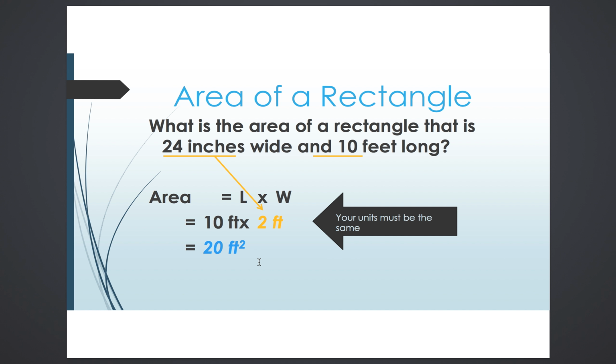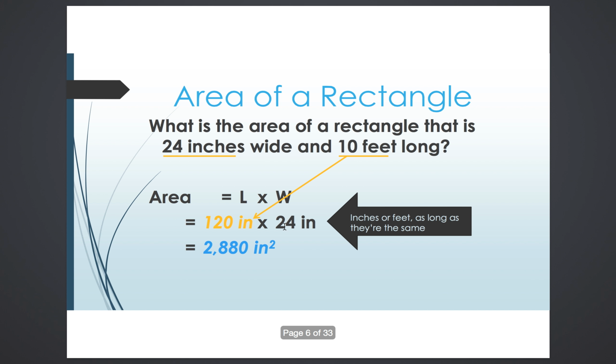But, let's say that it had said 24 inches wide instead of 2 feet. Well, you do need to convert your units, right? Like we said, we need to have the same units. Or what if we wanted to calculate it in inches, right? You could just as easily multiply 10 by 12 because there are 12 inches in a foot.